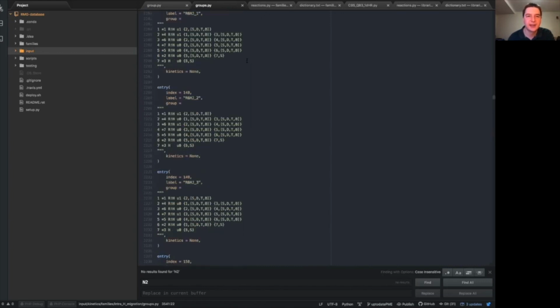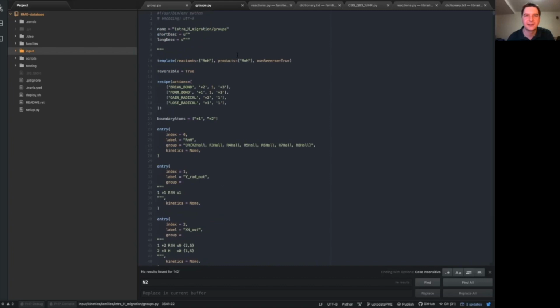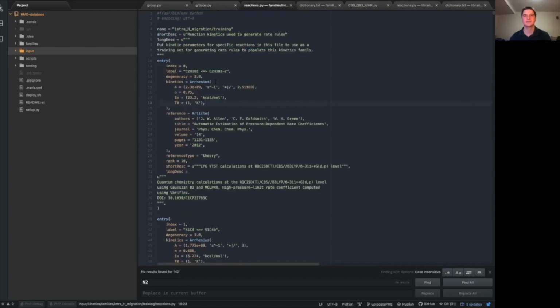So in order to put data in here, we have, of course, a set of training reactions. Some reaction label mapping a reactant to a product, degeneracy value, and kinetics information. Although a lot of the comments aren't quite as detailed as this particular case, there are comments that describe where it came from, a rank telling you roughly how accurate it is, and descriptions telling you where you got these calculations.